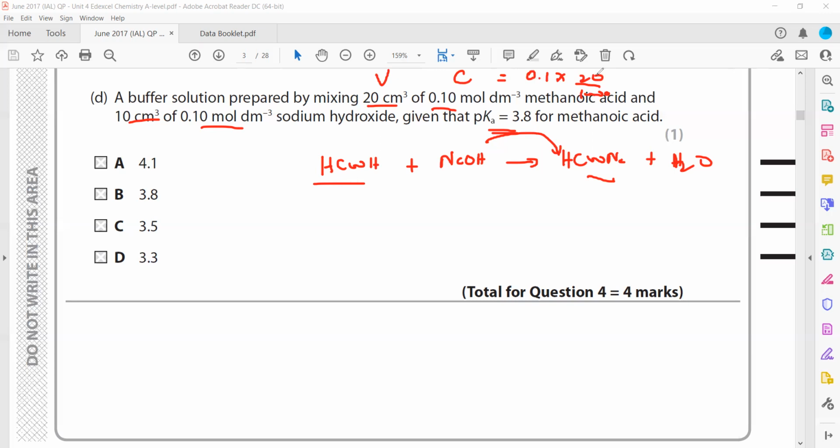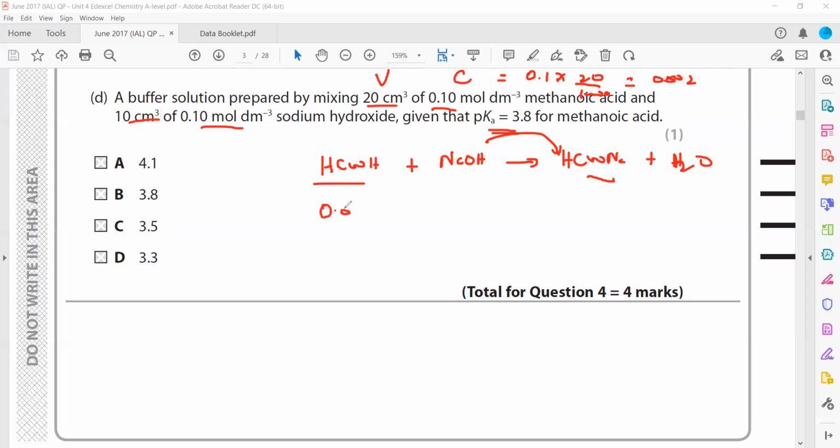So that is 0.1 multiplied by 20 divided by 1000, which is equivalent to 0.002.